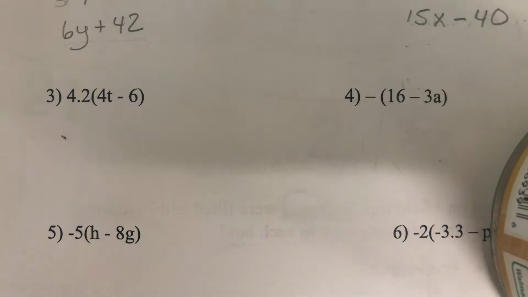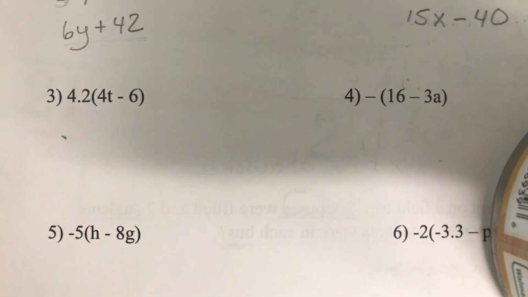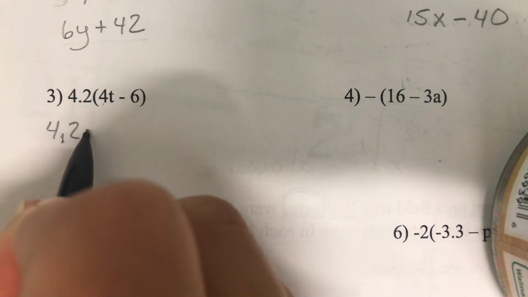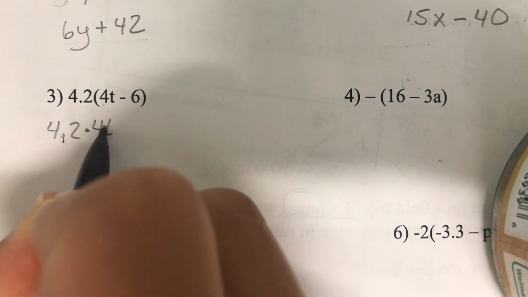It might seem easy to you. If you want to pause your video and test it out, you can. Here I've got some decimals. If you want to grab your calculator or not, it doesn't matter. Go for it. So 4.2 times 4, and we keep the t.